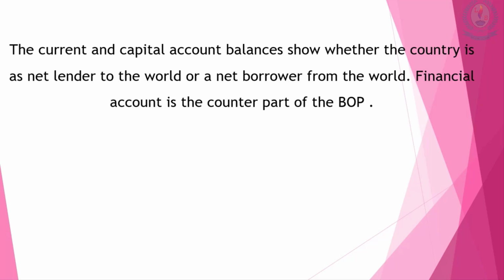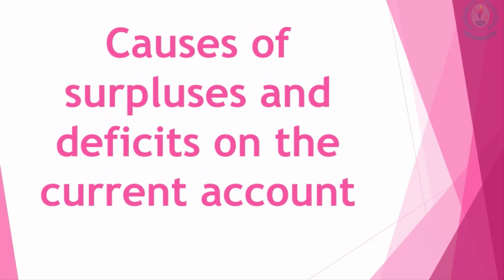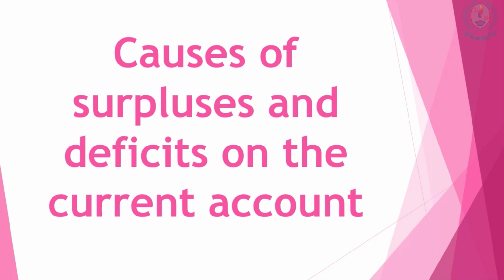Financial account is the counterpart of the balance of payment. So basically, financial account equals capital account balance plus the current account balance. Let us now look at the causes of surpluses and deficits on the current account.